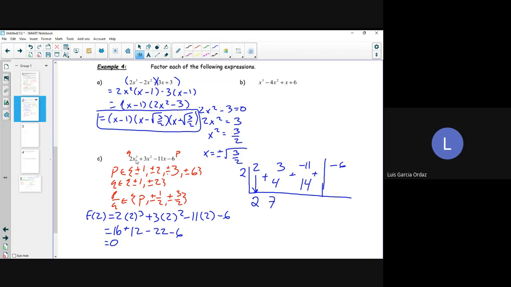Negative 11 plus 14 gives us positive 3. 3 times 2 gives us 6. And as you can see, our remainder gives us 0. So now we're left with f of x is equal to x minus 2 times 2x squared plus 7x plus 3.